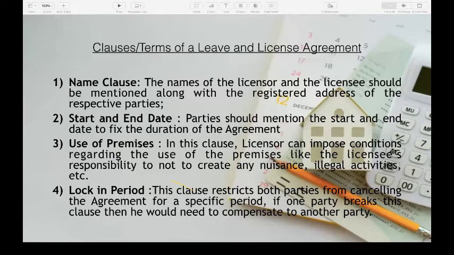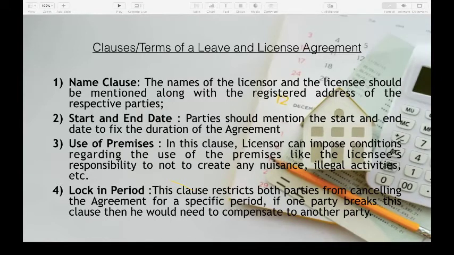Lock-in period. Sometimes both the parties enter into an agreement, for example, for a period of 5 years. Initially the lessee gives the lessor a security deposit in the form of money, apart from the rent or license fee which is to be paid as consideration under the agreement.